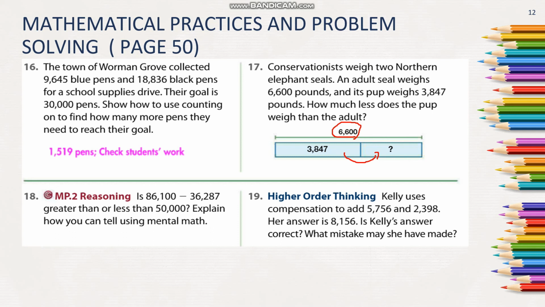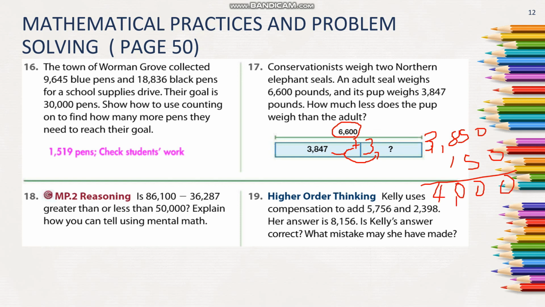But for me, I will use counting on here. If I add 3 to 3,847, it becomes 3,850. Then I will add another 150. So 3,850 plus 150 is 4,000.